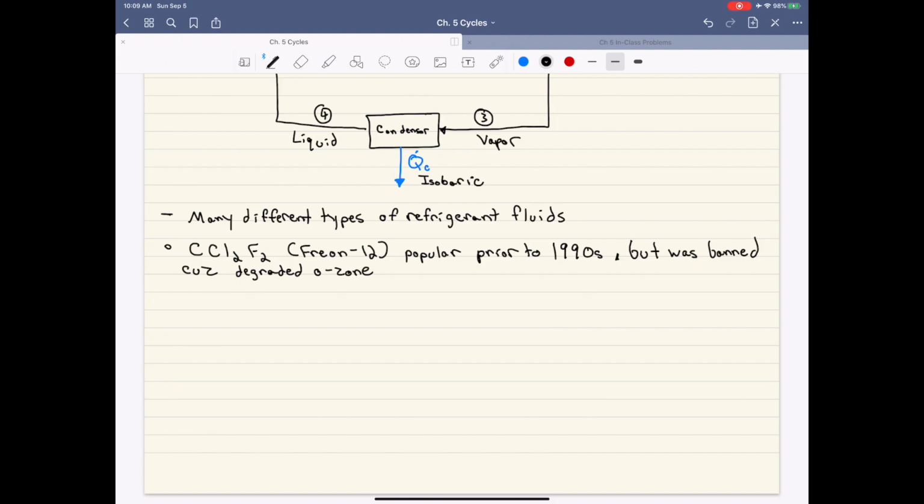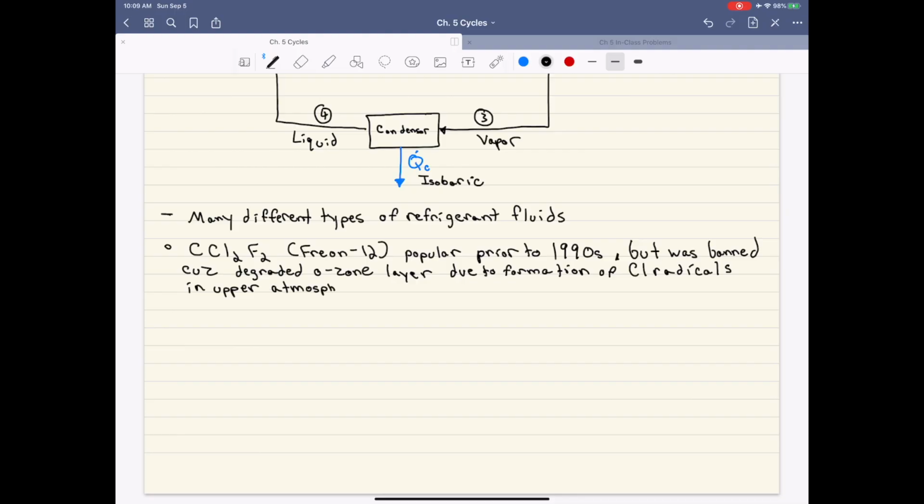This degradation is due to the fact that Freon 12 serves as a source of chlorine radicals. I won't go into the chemistry of it, but essentially that's why Freon 12 was banned. It forms these chlorine radicals in our upper atmosphere.